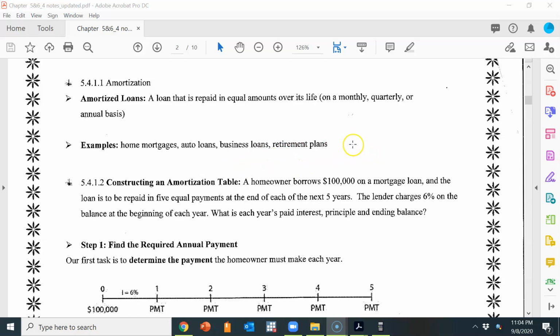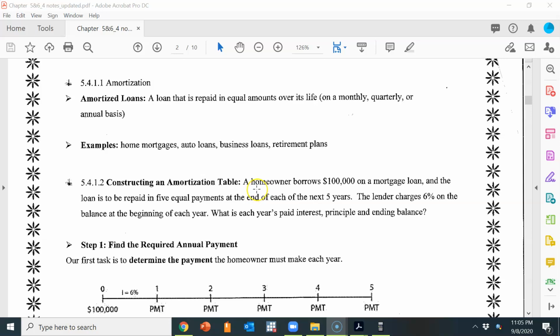But how do we calculate the annual payments? And what are the components of the annual payments? We can construct an amortization table to answer these questions.